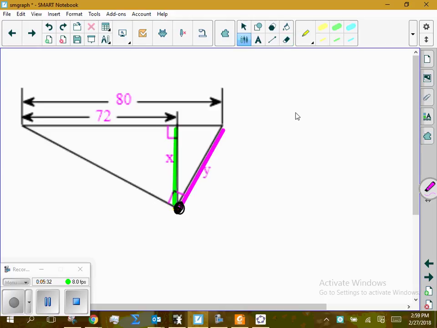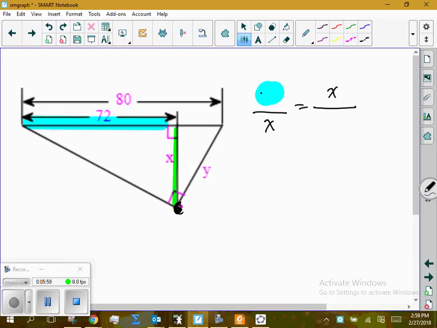Let's look at X. Okay, that's the interior altitude, right? Okay, so just focus on that. X is going to go there and there. Now, what should go in that spot there? Or what could go there? The interior altitude is the geometric mean between the... Okay, 72 is an option.